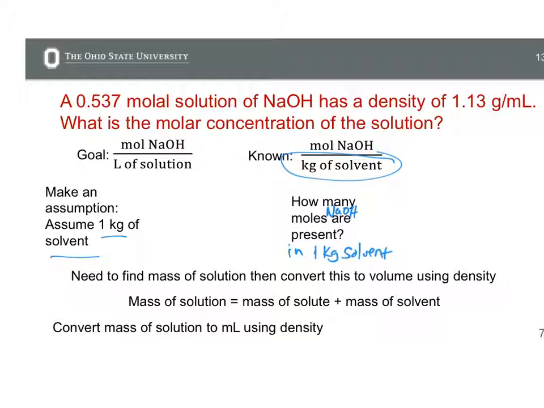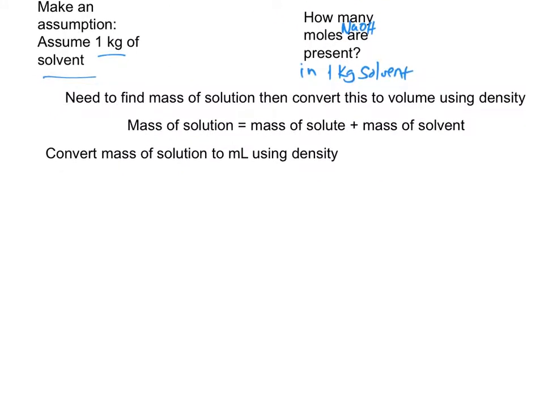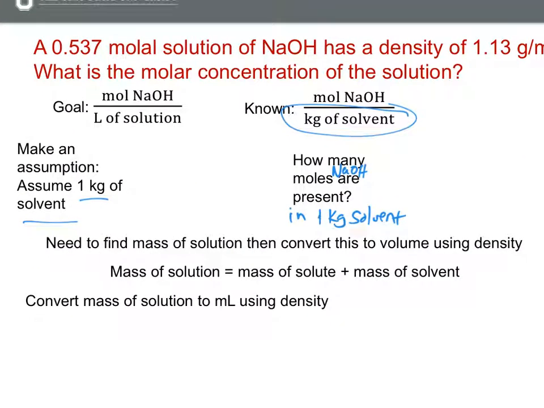Okay, we're going to work this out. So we have 0.537 moles of sodium hydroxide per kilogram of solvent.